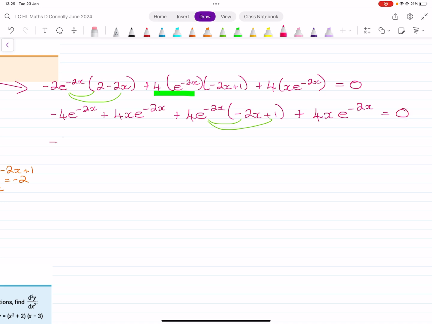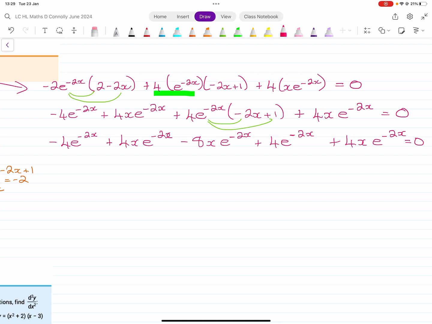Okay, so minus 4e to the minus 2x plus 4x e to the minus 2x. This multiplication gives me minus 8xe to the minus 2x and plus 4e to the minus 2x, and then at the end I have plus 4xe to the minus 2x, and it should equal 0.